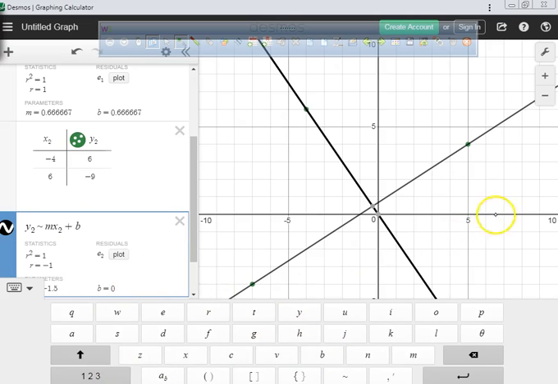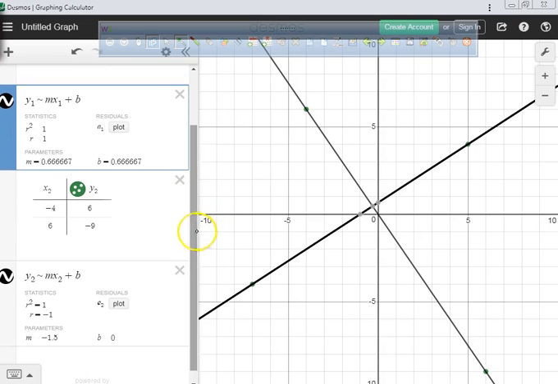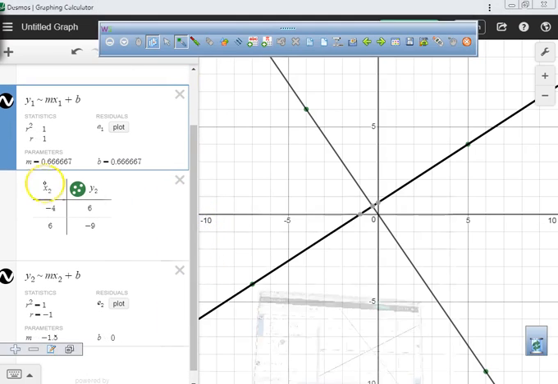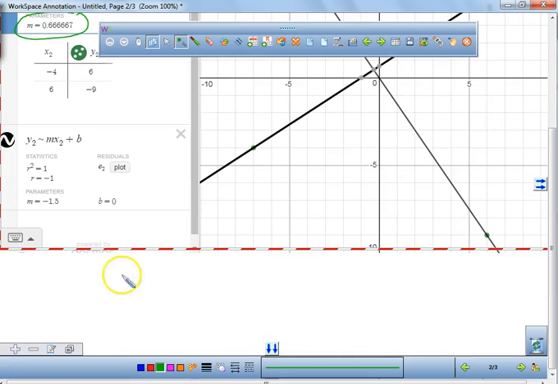And that's going to interpret this slope. So now let's look at our slopes. Right here, it gives us a 2/3 slope. Right down here, it tells us it's what? Negative 1.5, which is a negative 3/2.